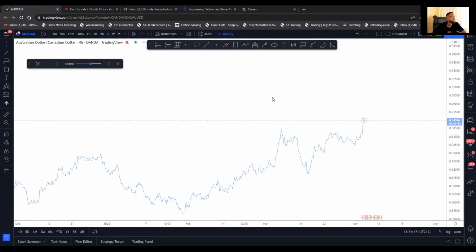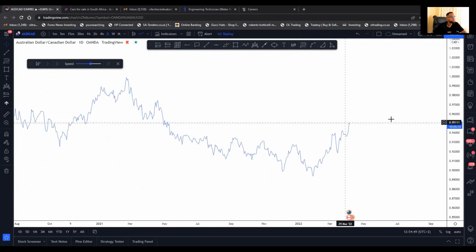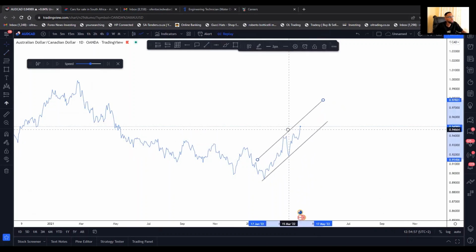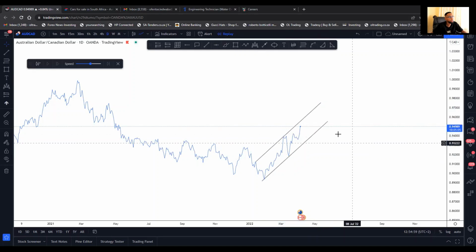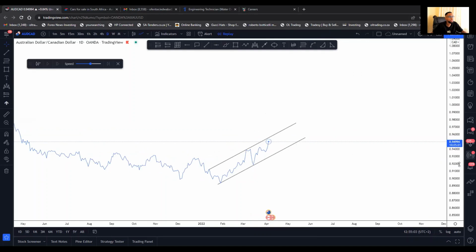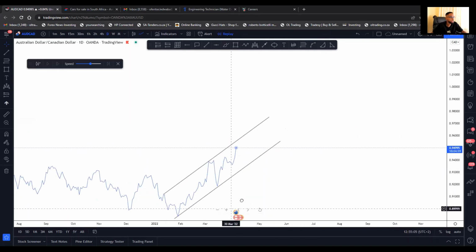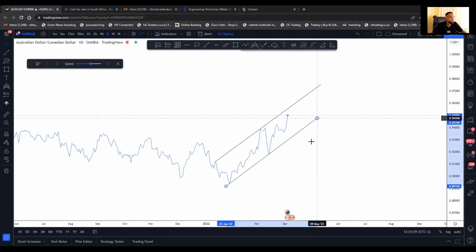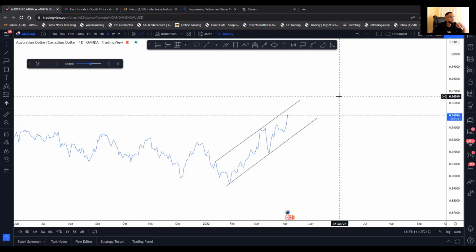Okay, let's start again. Okay, and then we draw our parallel line. Now it's showing us the channel. Guys, this makes it easier for you to see the trend. Take your highest or lowest point from the daily, draw it throughout, and then control drag makes it parallel.